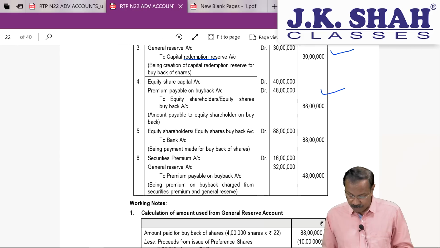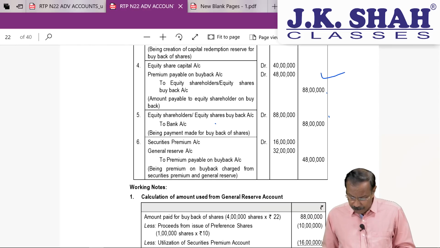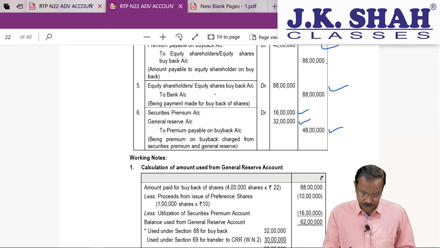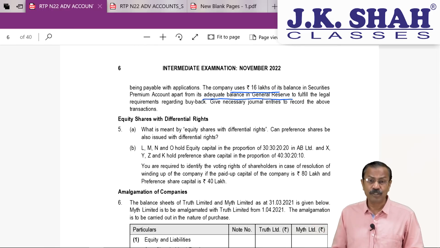Capital is to be redeemed 40 lakhs, premium is 48 lakhs, 88 lakhs total amount payable. Paid, this you can merge it, remember. Securities premium 16 lakhs, general reserve 32, premium write-off you have to do 48 lakhs, remember. That was your buyback chapter.